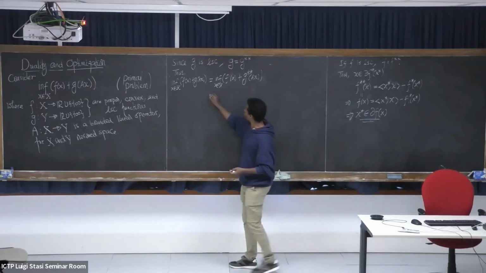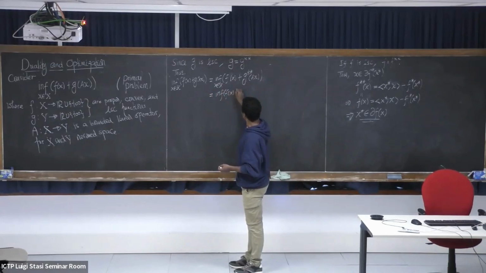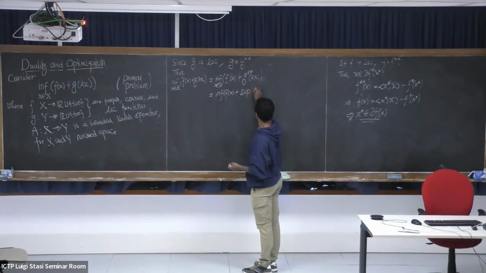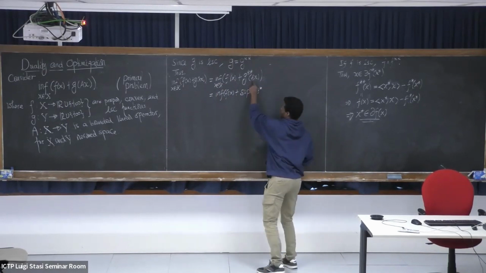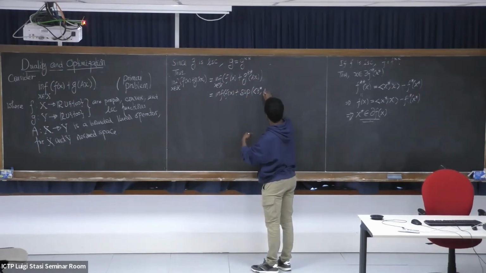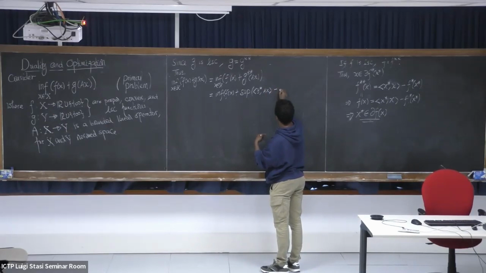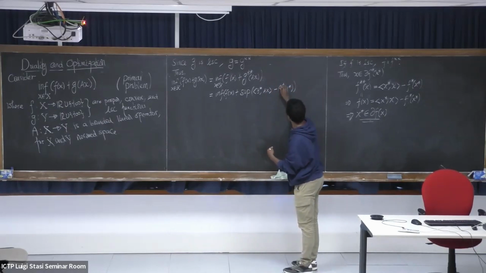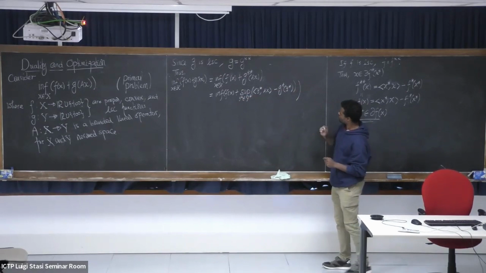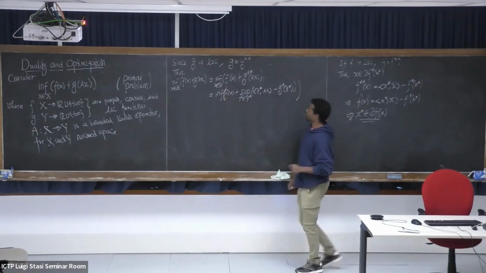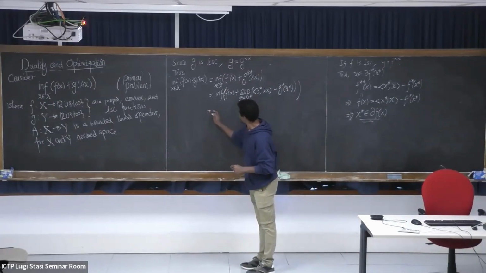If I use the definition of g star, this is the infimum of f of x plus the supremum of y star, because Ax is in the Y space, of the pairing of y star with Ax minus g star of y star, where this supremum is running over the dual space of Y. So this is equal to the infimum and supremum over y star.